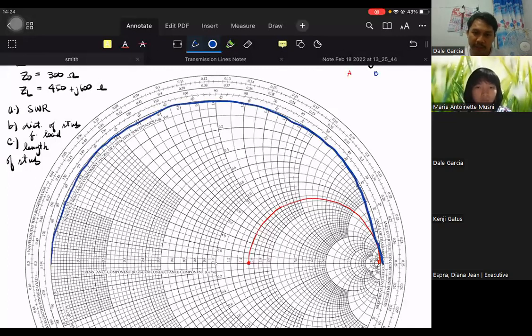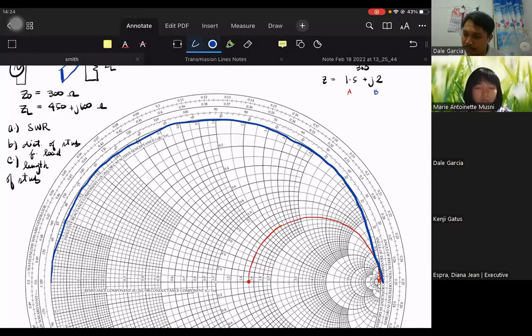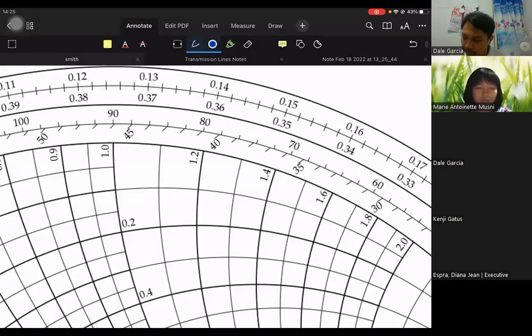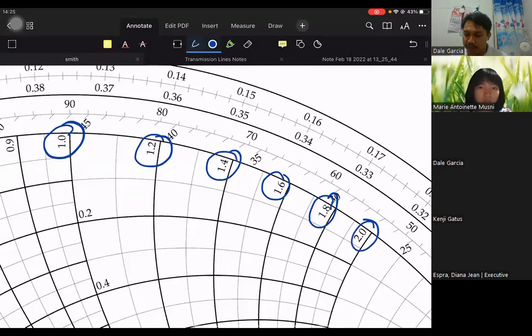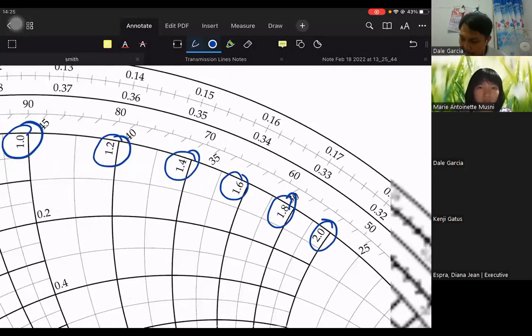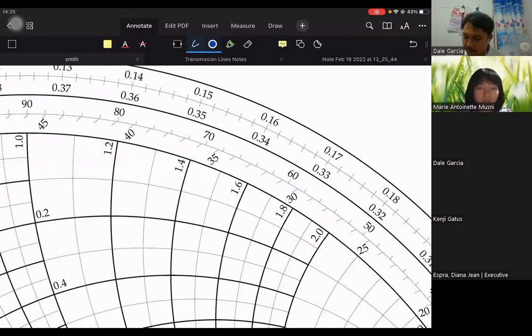So pangitaon na nato diha ang 2 sa circumference ha. So 1.0, 1.2, 1.4, 1.6, 1.8. Dala. This is 2.0. Kita na ang 2.0. So mao na ang circumference sa atong Smith chart ha.